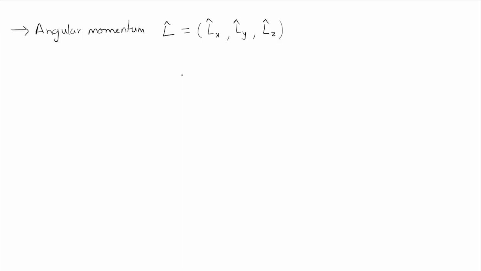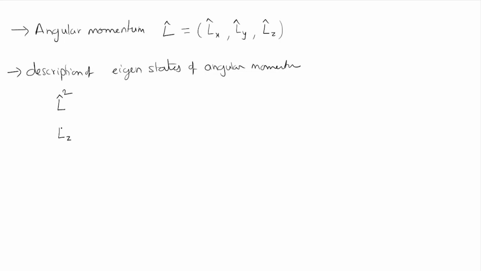Instead, how do you describe states, eigenstates of angular momentum? Description of eigenstates of angular momentum. If you want to describe eigenstates of angular momentum, your operators are L square and Lz.